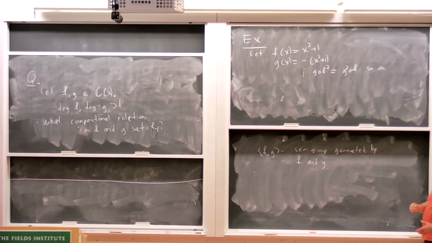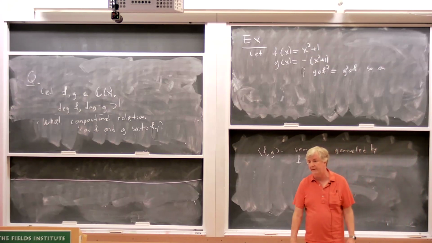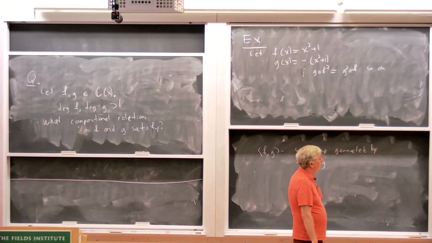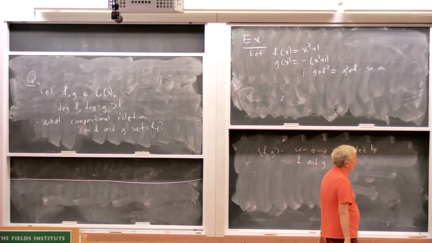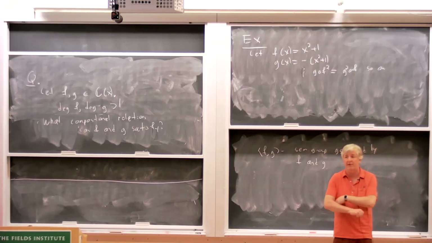So the b is independent of d. It depends on f and g. Well, I shouldn't say obviously. I'm not even sure, but by picking your f and g the right way, you could make b as large as you want, but b does not depend on the degree.